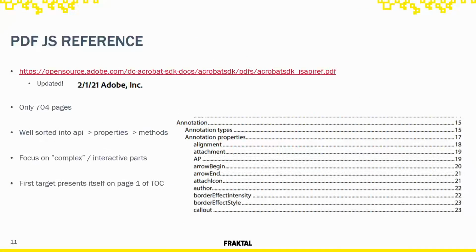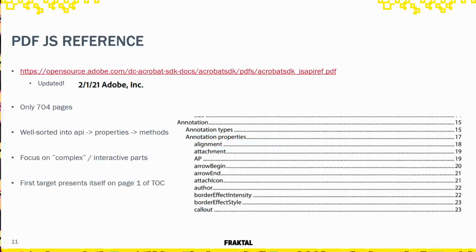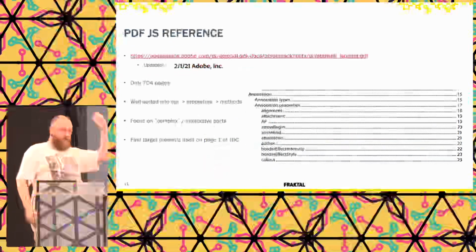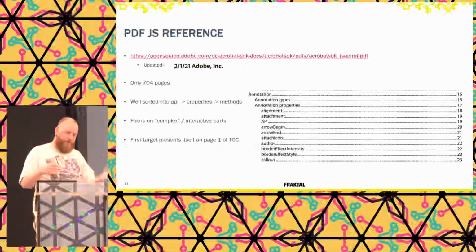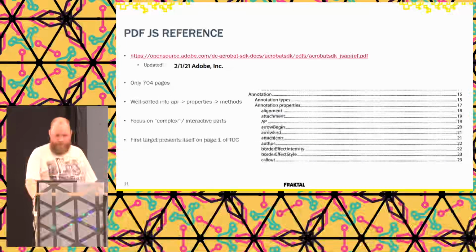It's actually pretty well sorted into the overall API and the properties and methods, so you can focus on complex or interactive parts, and you can just browse the table of contents as I do here and see that the annotation object has a bunch of properties, and then you go a bit down and you see that it also has methods. So maybe that's an easy target to pick. Well, I know it is.